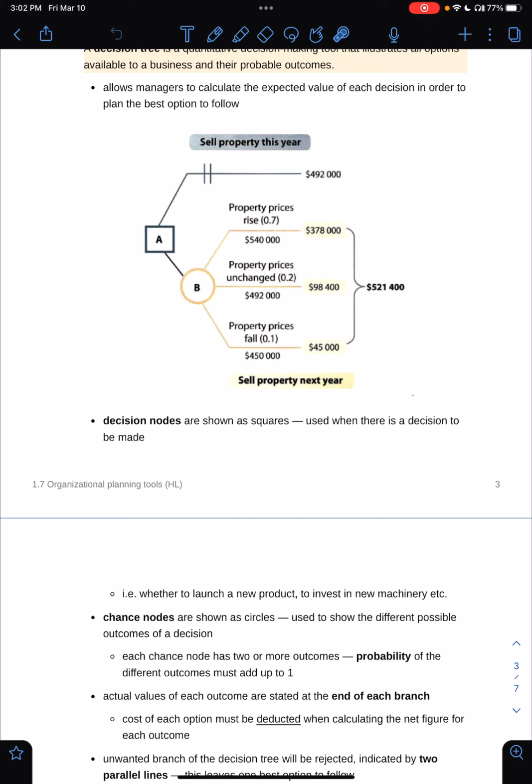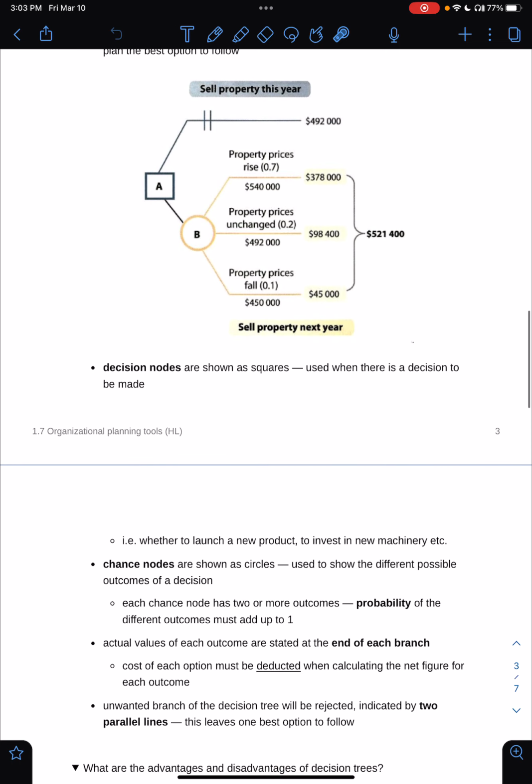So for example, the probability of property prices rising is 0.7, and if property prices rise, they're expected to earn 540,000. And by multiplying 540,000 with 0.7, they're expected to earn 378,000 if property prices rise. And by adding up the outcomes of each chance, we'll get the final value if the company chooses to sell the property next year.